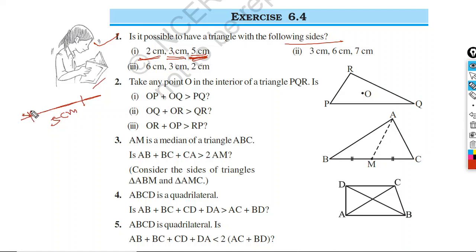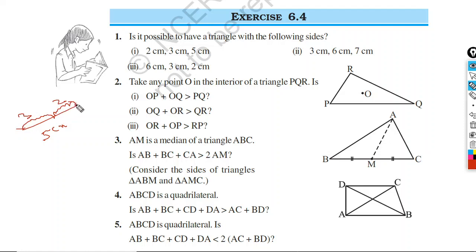If one side is suppose 2 centimeter, another side is 3 centimeter, they will not intersect each other. They will not join. Why? You see, this is 5 cm, and suppose this length is 3 centimeter and this length is 2 centimeter.